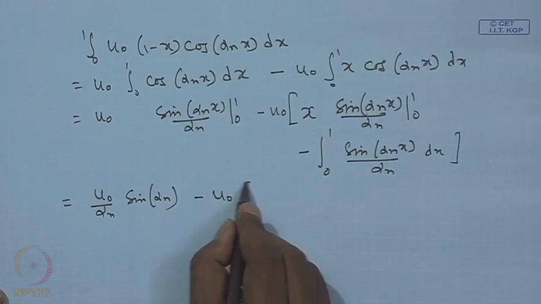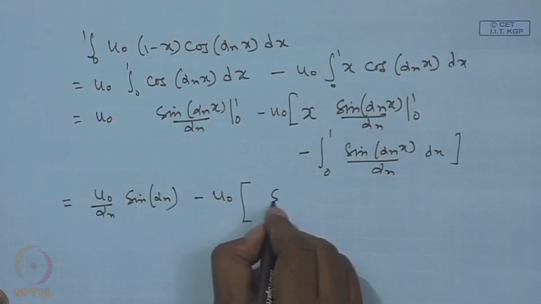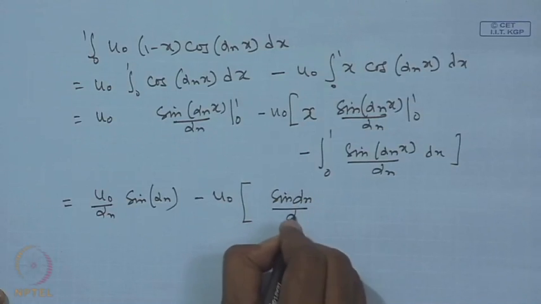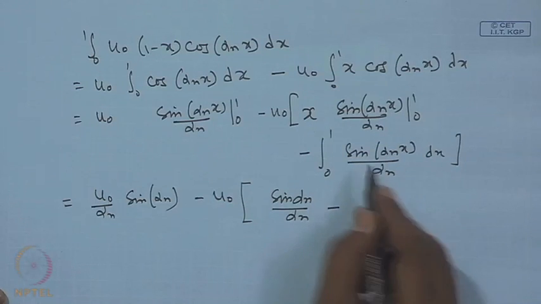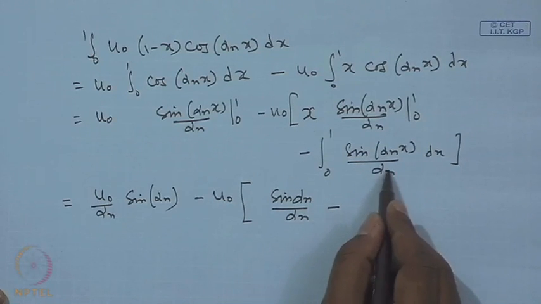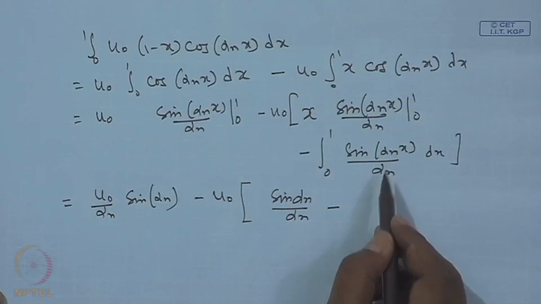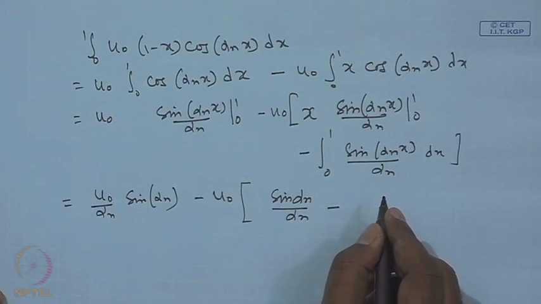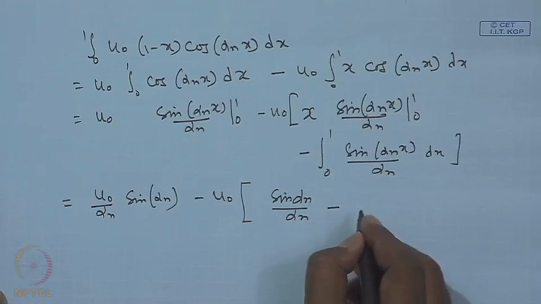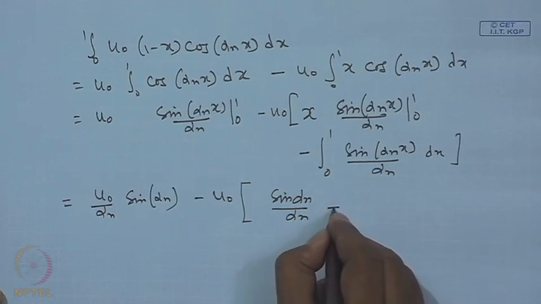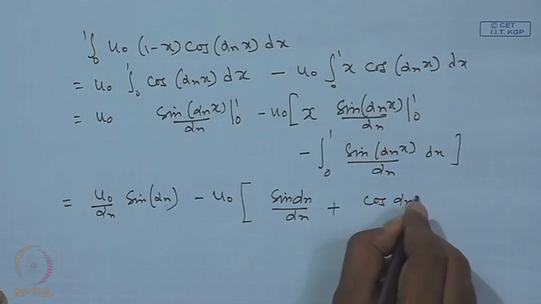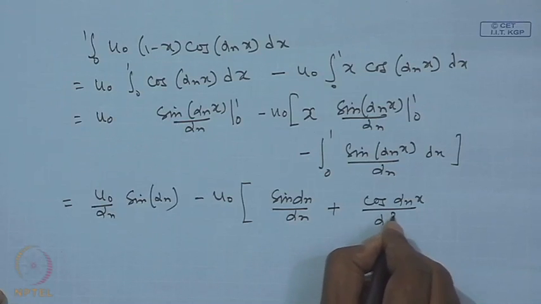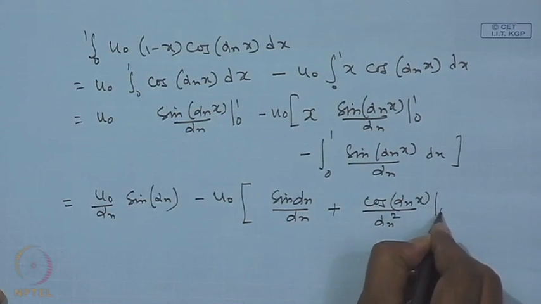So, this becomes u_0 by alpha_n sin alpha_n, because sin 0 is 0, minus u_0 times: sin alpha_n by alpha_n, minus the integral of sin alpha_n x, where 1 by alpha_n is taken outside, and the integral of sin alpha_n x is nothing but cosine alpha_n x. So, minus of that, minus minus plus, cosine alpha_n x by alpha_n square from 0 to 1.